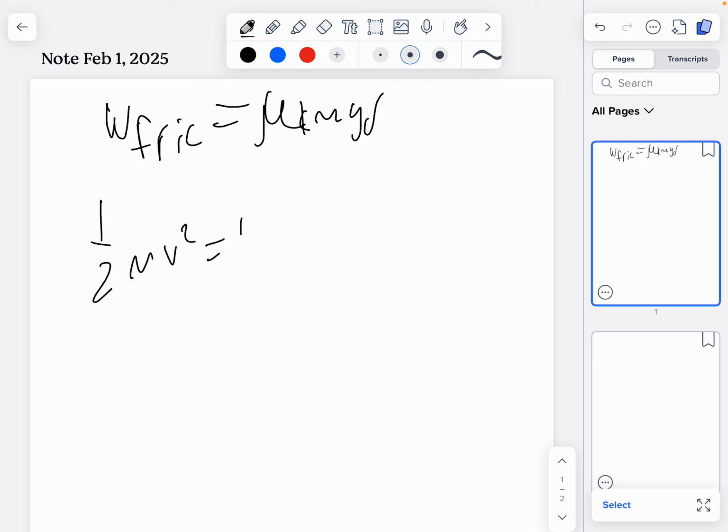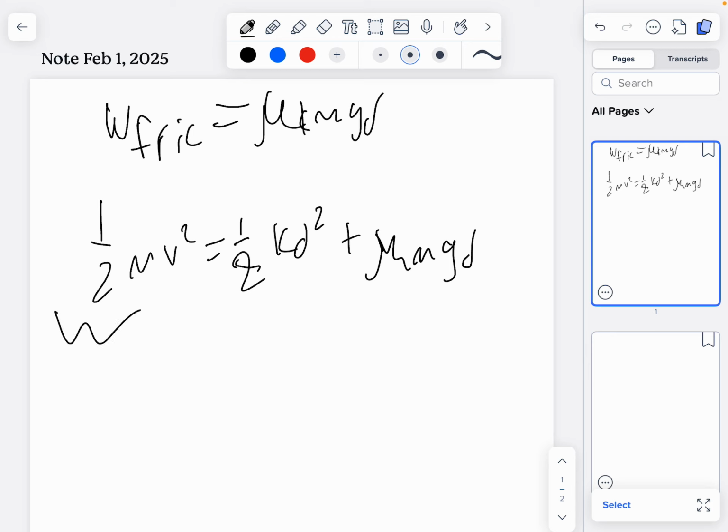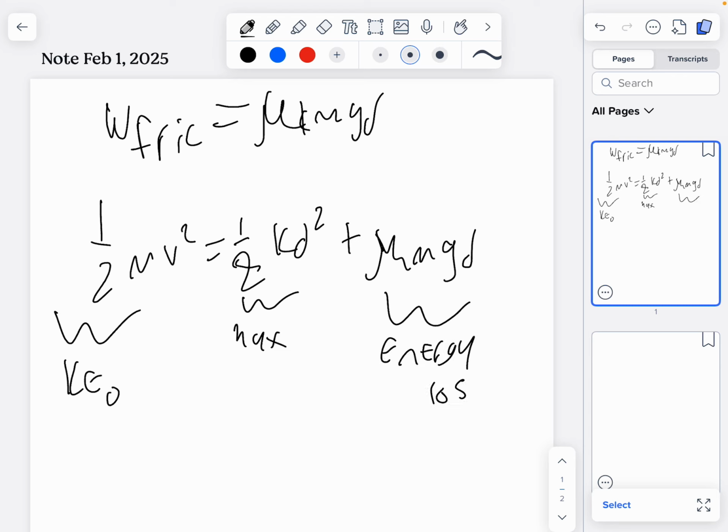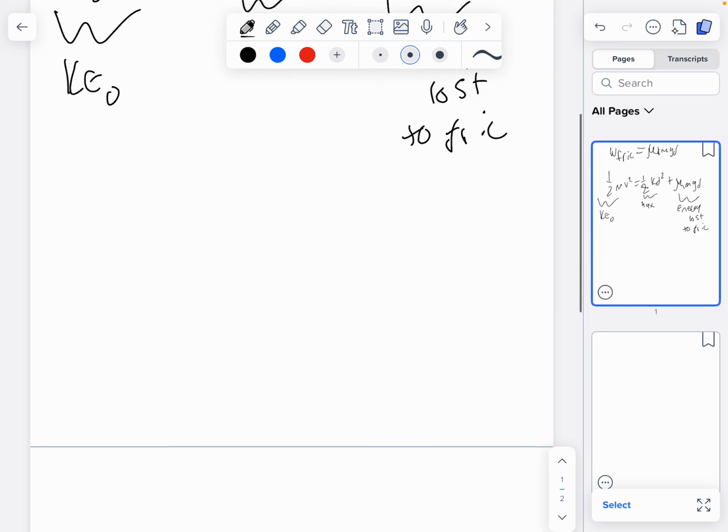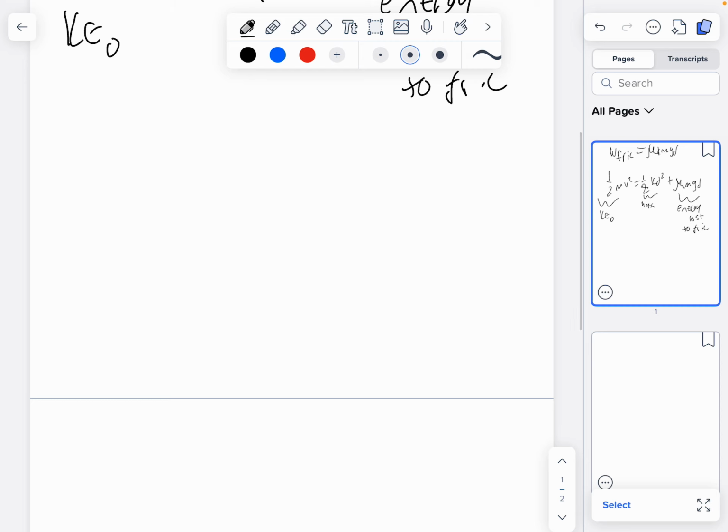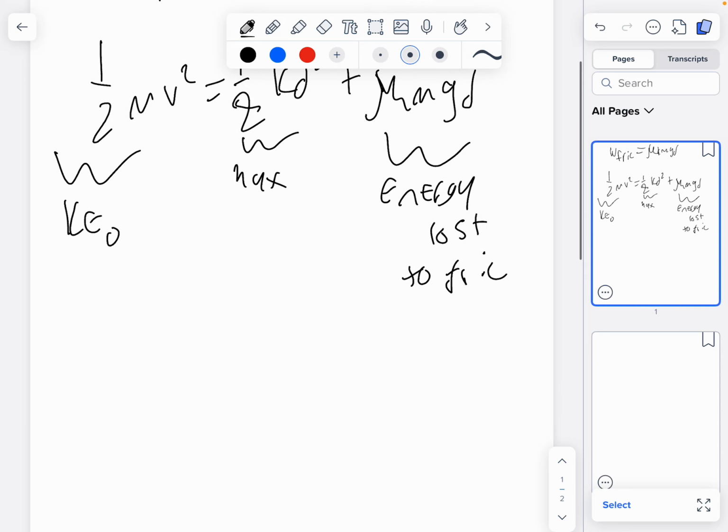Okay, we're just going to do what we did before, but do this, because this is the initial KE. This is the max stretch, and this is the energy loss from friction.